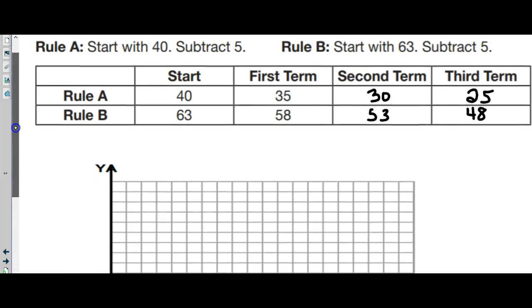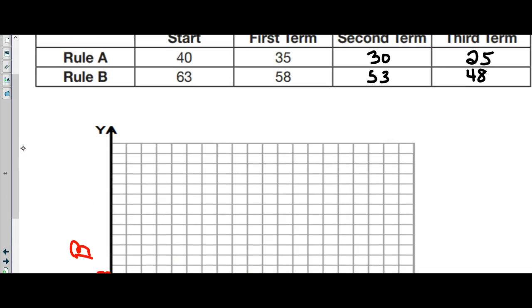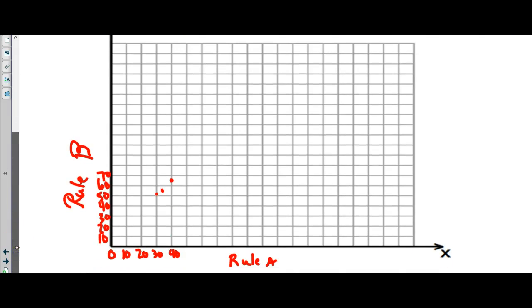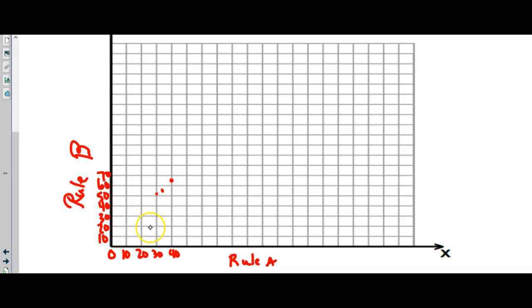And then 30 and 53 right about there. Those points are probably not exactly where they need to be. And then I have 25 and 48, so right about there. When I connect those, there is a line shooting straight through those points.